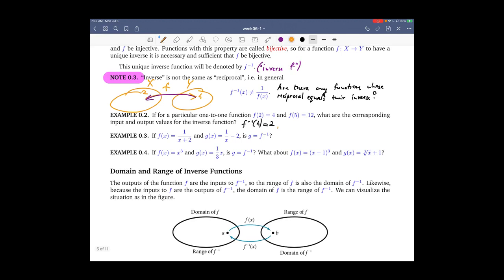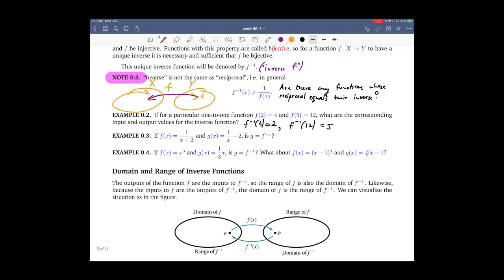And likewise, f at 5 equals 12, it means that f inverse at 12 equals 5. So f moves 5 to 12, so f inverse moves 12 to 5.